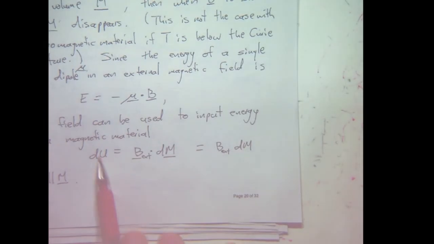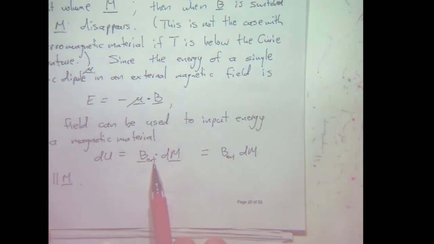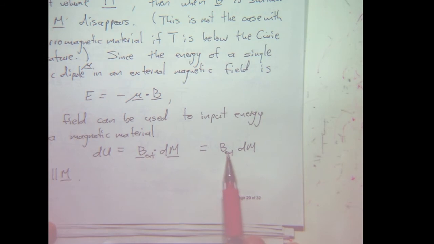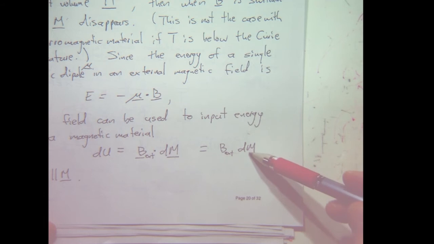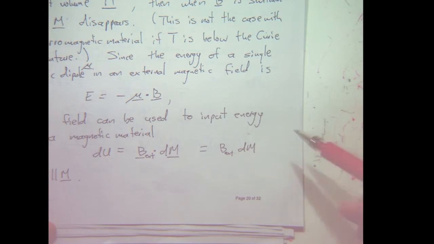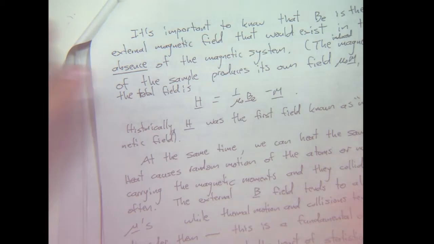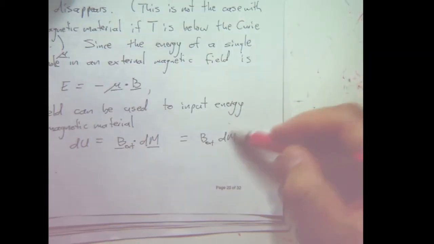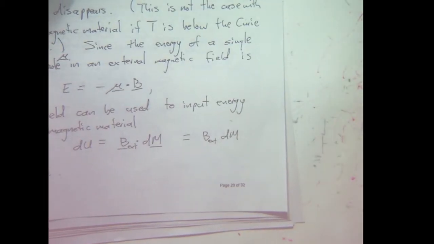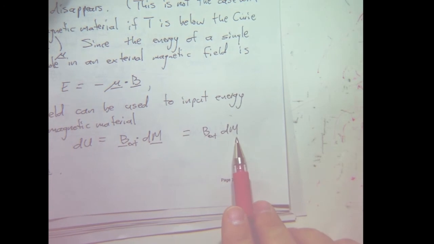The change in internal energy is basically the external field dotted with dM, or if it's parallel, then it's B times dM. So the thermodynamic equations end up having a magnetization in it, dM, instead of a dV, but you cannot control it mechanically. You have to control the magnetic field.